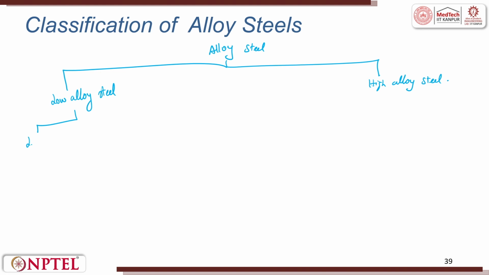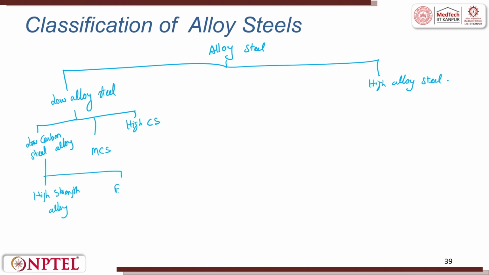Again here it is low carbon steel alloy, and you have high carbon steel alloy. Then you have mild carbon steel. In low carbon, you have high strength alloy, and you have free machining alloy.